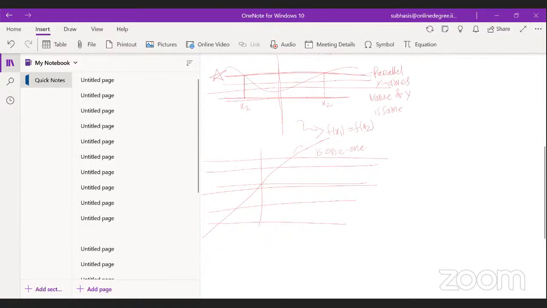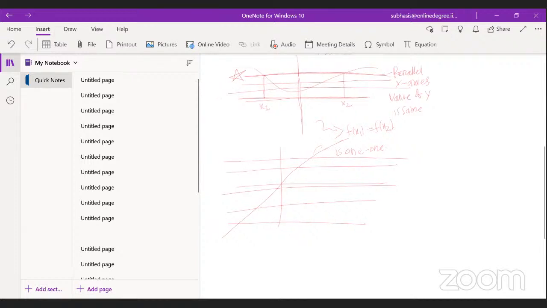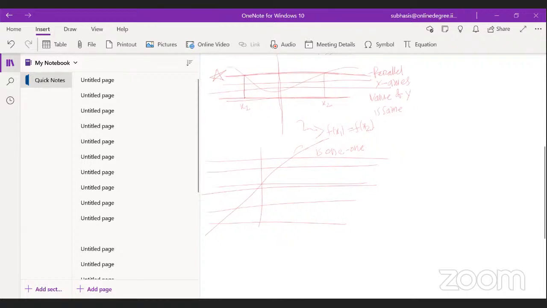So this is basically the method. Whatever you have asked, you can draw the graph and using this horizontal line, you can say whether this function is 1-1 or not.